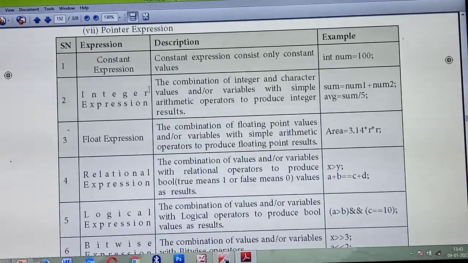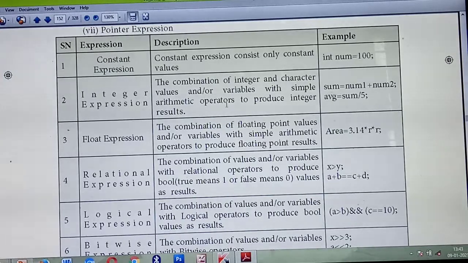Okay. Second one is integer expression. So integer expression means it is a combination of both integer and character values. Understood? The expression will contain both integer values as well as character values. So these integer or character values will be combined using which one? Some arithmetic operators.